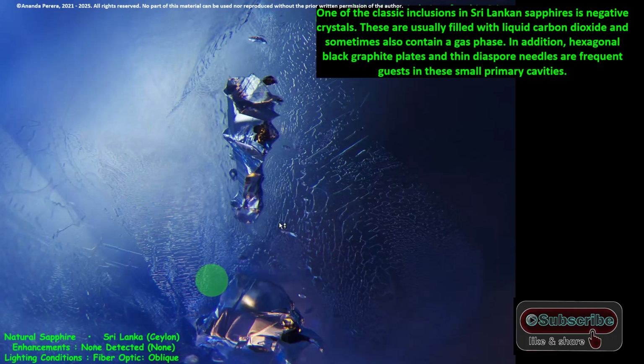And diaspore needles are here. So diaspore needles, negative crystals filled with gas or liquid, and the fingerprint are the common guests in this sapphire. All tells us it is not treated, it is a natural stone.